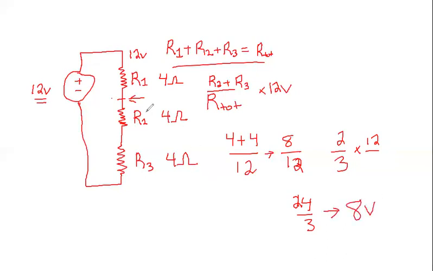So if you stuck the red or positive probe at this point right here where my arrow's pointing, and the other at ground, the potential would be 8 volts.